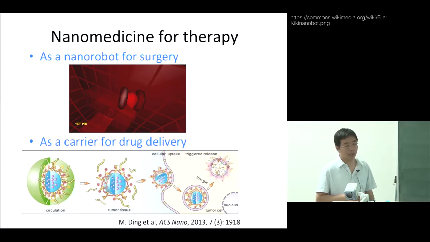But if we use a nanoparticle as a carrier, it can target the diseased part, for example cancer, and then send a lot of therapeutic agent into the cancer cells and effectively kill them.